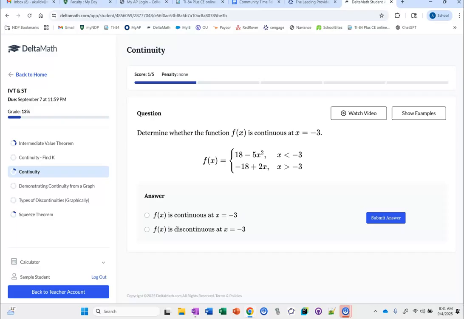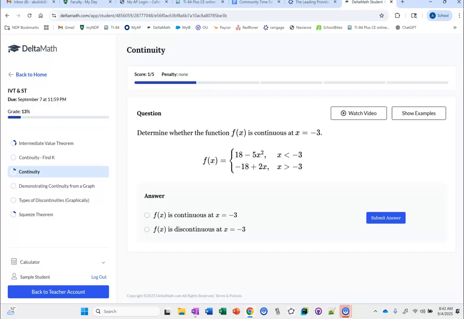So the pieces you're going to get to make this piecewise function are going to be continuous over their domain. The only thing you have to worry about is whether I have a rational function with a vertical asymptote somewhere in here or something silly like that. I'm not so sneaky that I would do something like that to you.